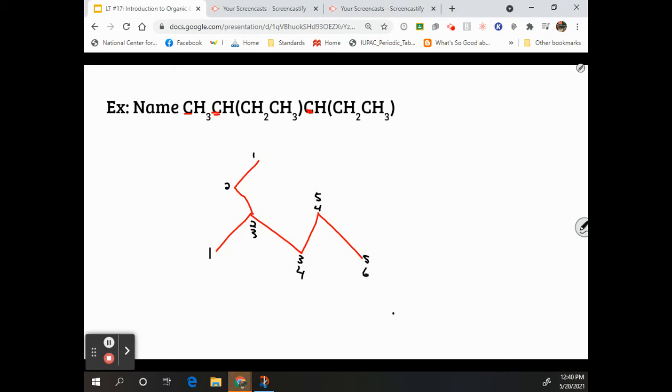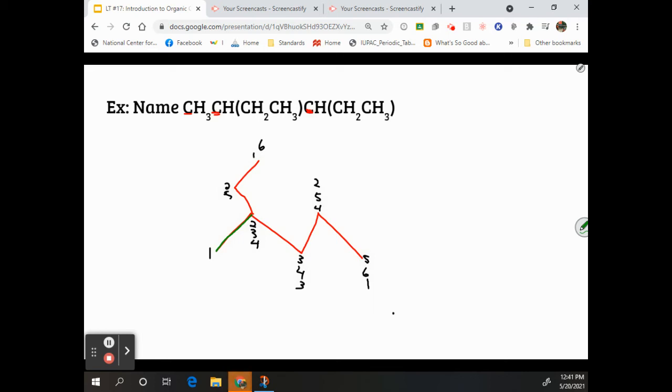So I can notice that the longest chain I have in this particular molecule is going to be 6 carbons long. I could go the opposite way as well. 1, 2, 3, 4, 5, 6. But there's going to be a reason why I'm not going to go that direction, because the carbon that is not in the longest connected chain would not be on the lowest numbered carbon.